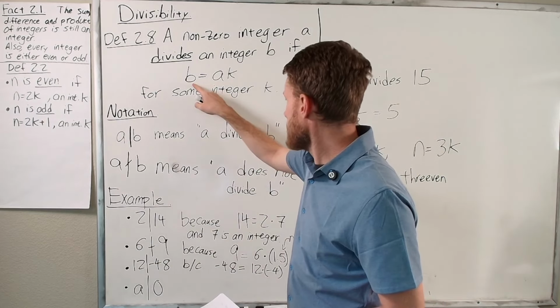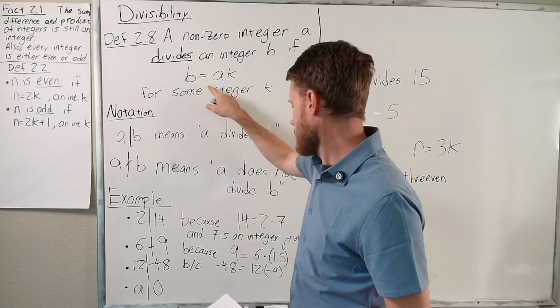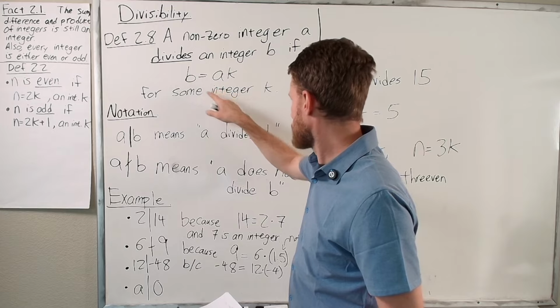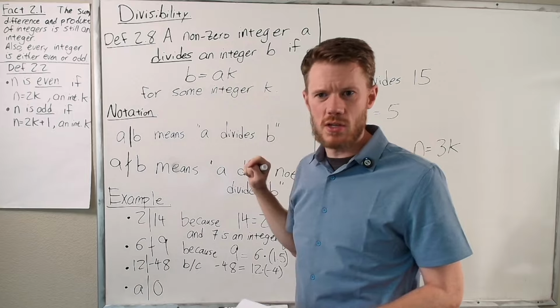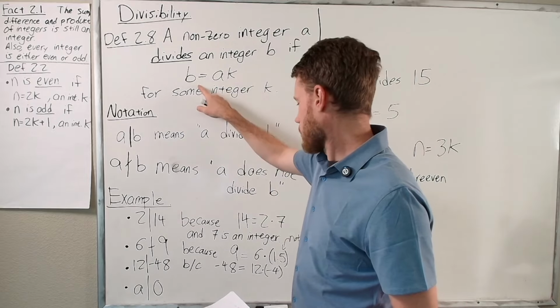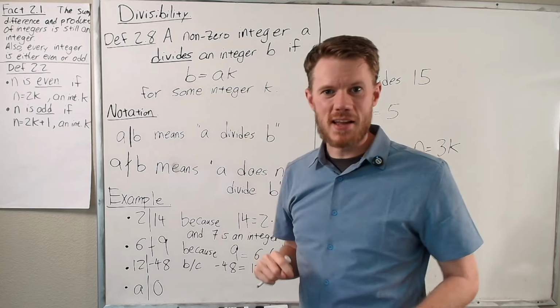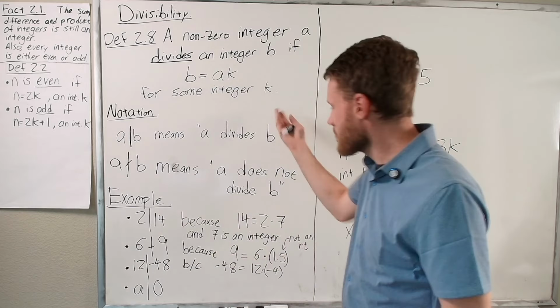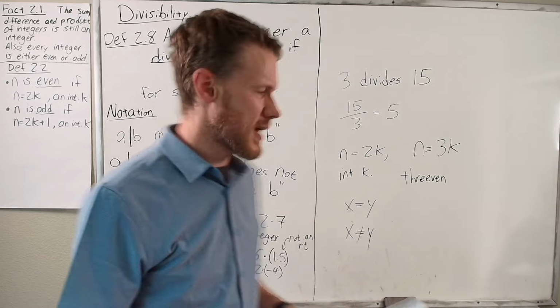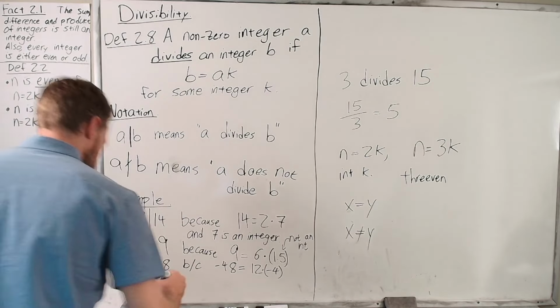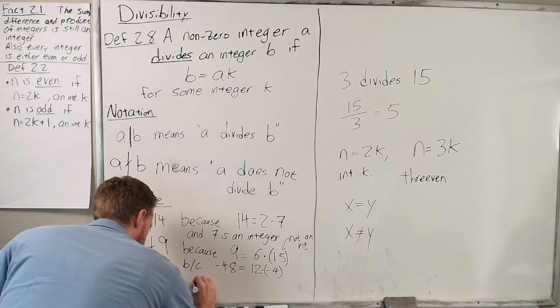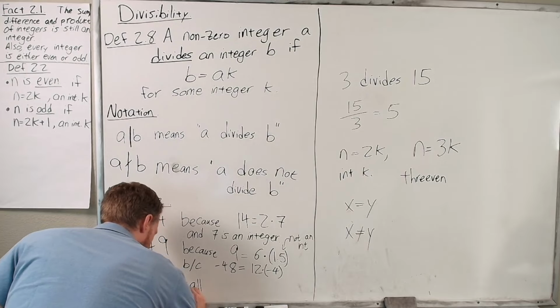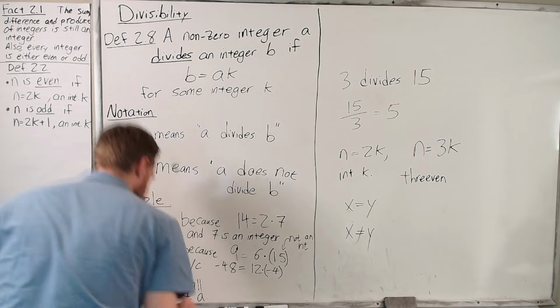So b equals a times an integer, so 0 equals a times an integer. Is there an integer for which 0 equals a times that integer? Yes, 0, right? The k would be 0. So anything divides 0. This is true for all integers a.